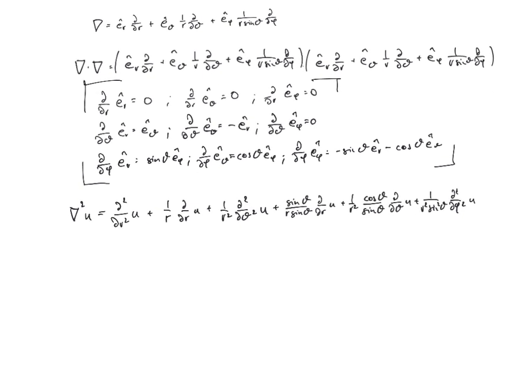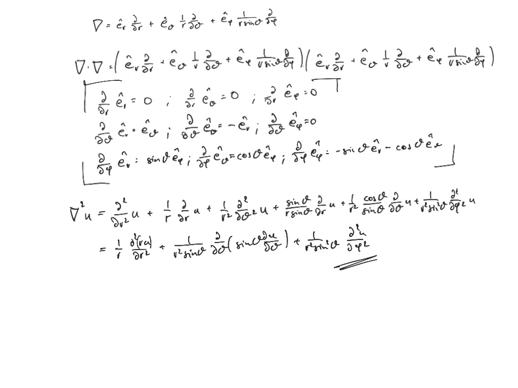Now the final step, I'll just give this to you, is we can write this more compactly as 1 over r d squared (ru) over dr squared plus 1 over r squared sine theta d/dtheta of sine theta du/dtheta, and then plus 1 over r squared sine squared theta d squared u over dphi squared.